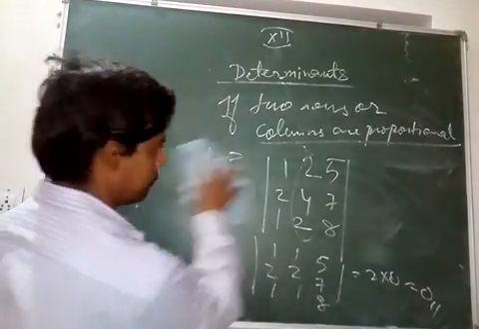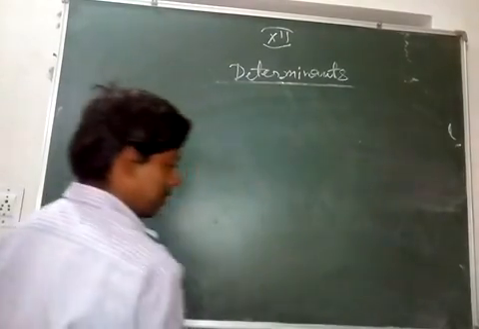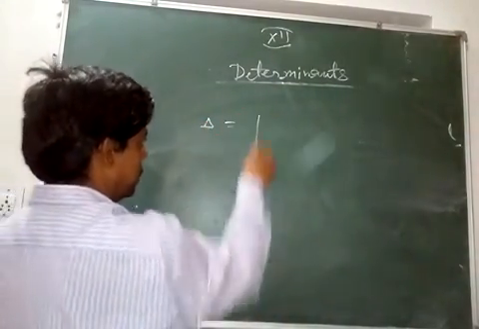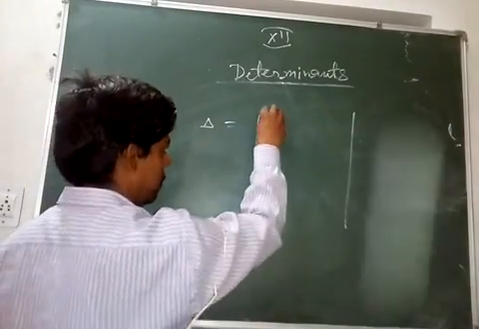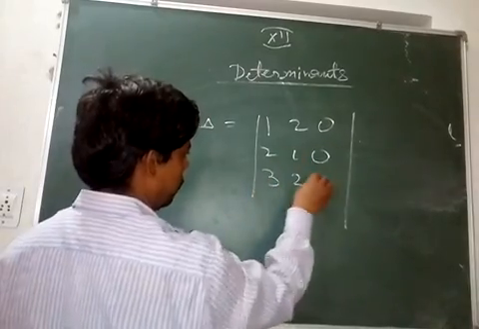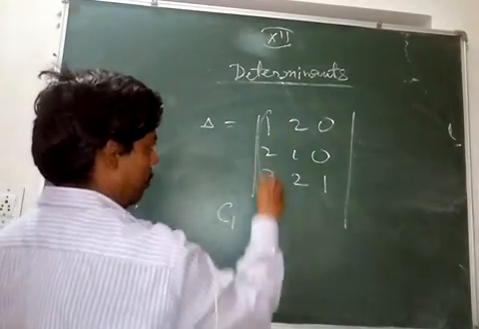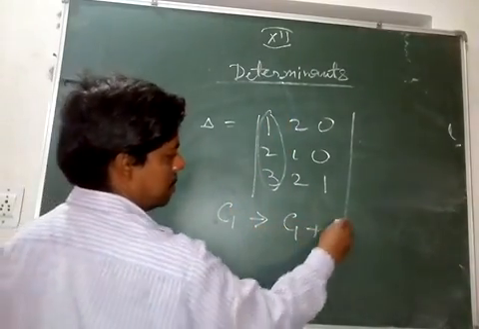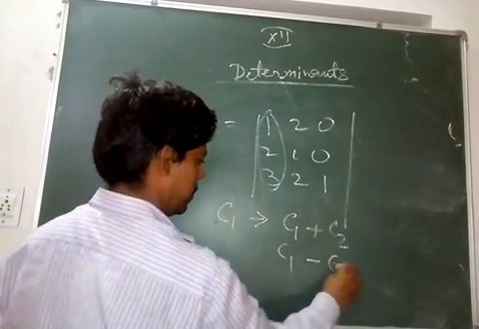Next one is, you can do certain operations in the determinant. This is very important. What are those? Suppose this is 1 2 0, this is 2 1 0, this is 3 2 1. You can do such operation like C1, this is column 1, C1 tends to C1 plus C2, or C1 minus C2.